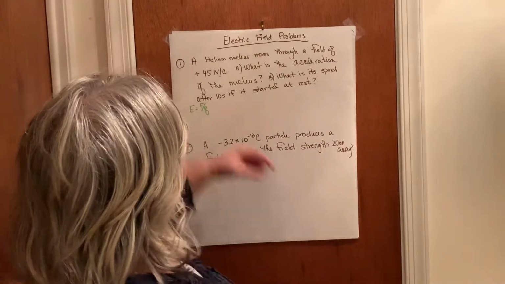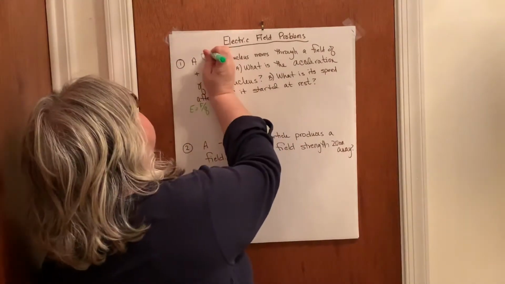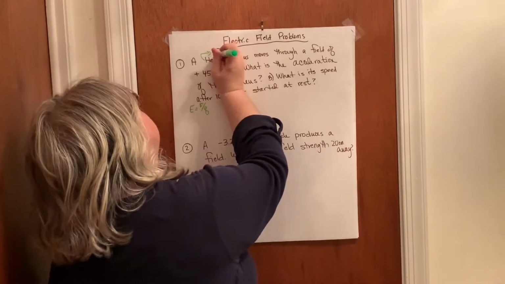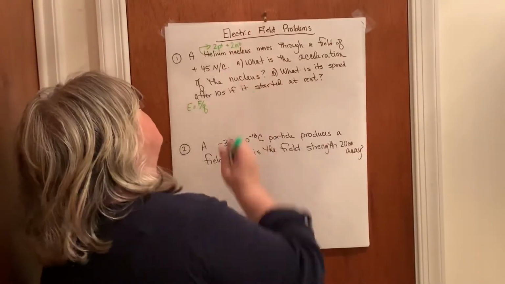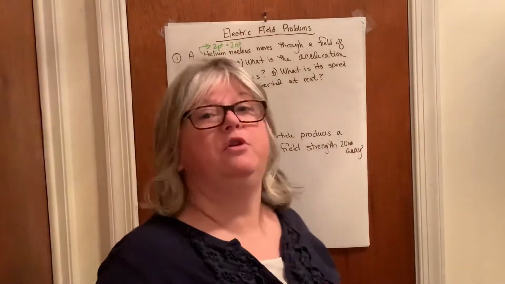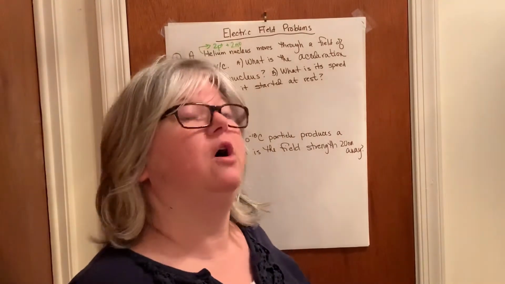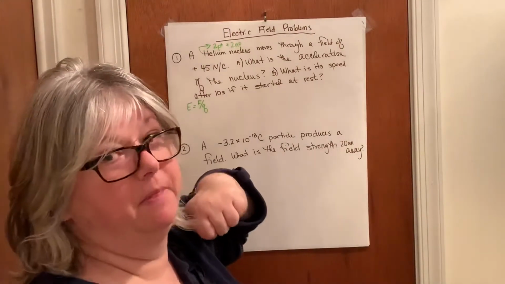So this is the particle, the helium nucleus. A helium nucleus, you remember from chemistry, is 2 protons and 2 neutrons. The neutrons don't have a charge, so the charge is coming just from the protons.